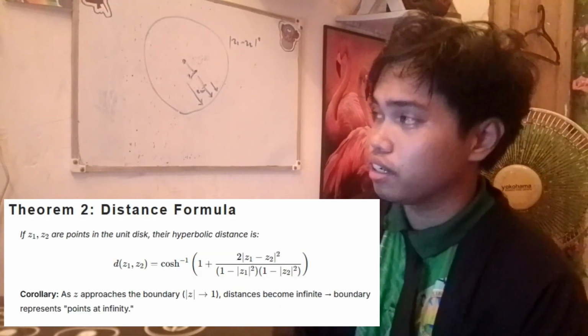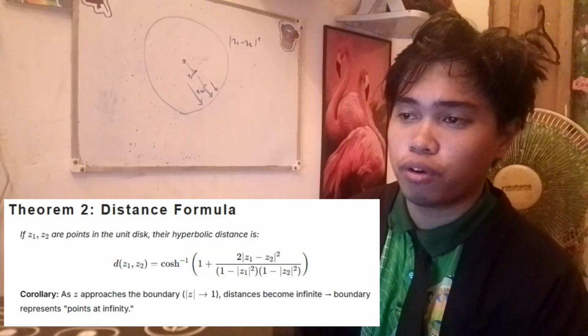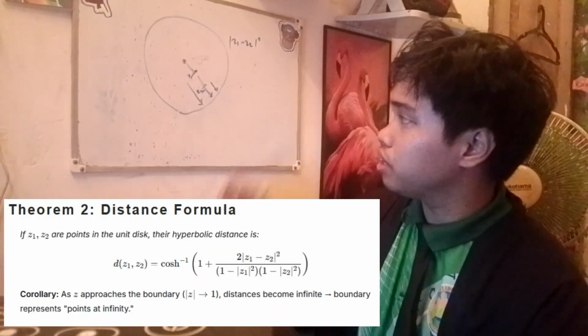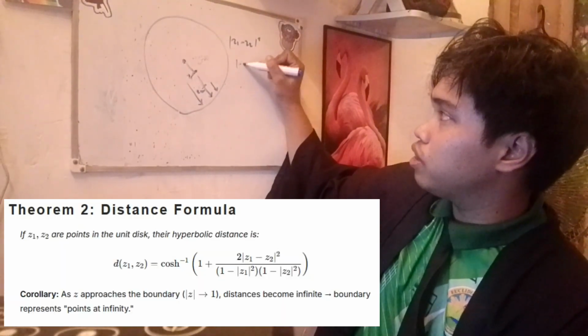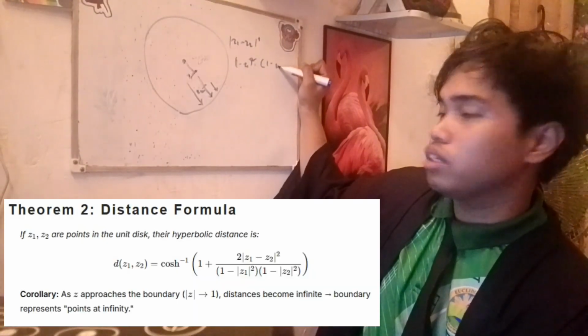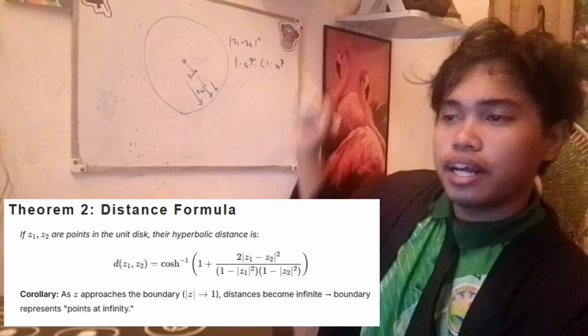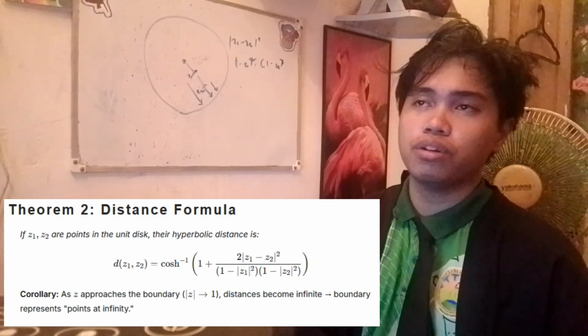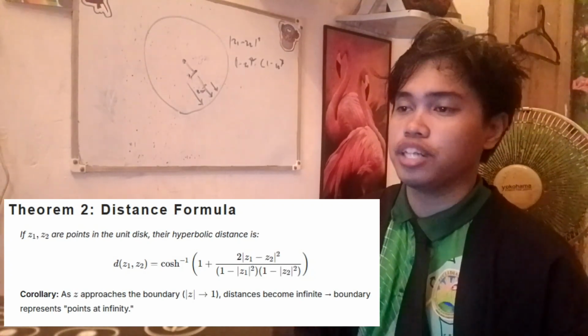That is the numerator, and the 2 right there represents how many points they are. So now let's move on to 1 minus z1 squared and 1 minus z2 squared. This tells us how close the points are to the edge of the circle.